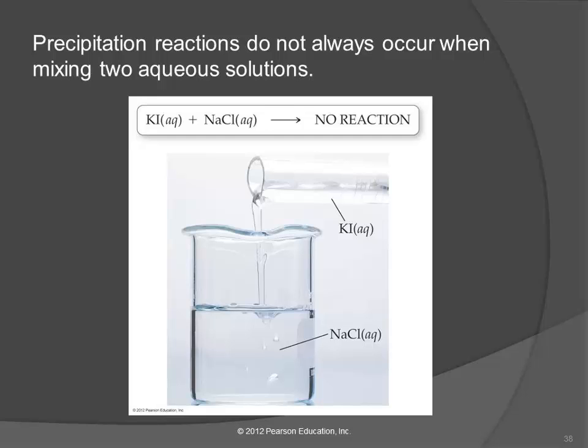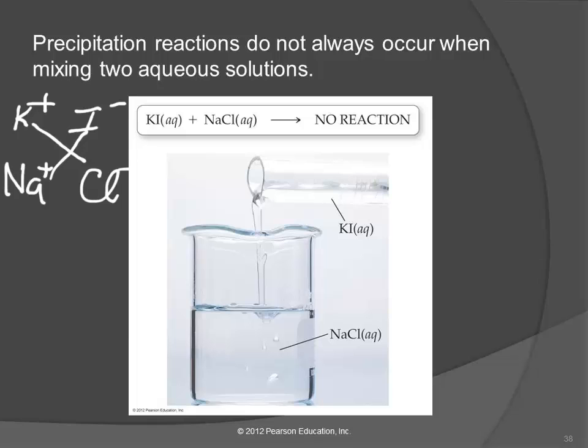So we've got potassium ions, and we've got iodide ions, and we've got sodium ions, and we've got chloride ions. So the potassium came in with the iodide, and the sodium came in with the chloride. If there's going to be some sort of precipitation, they're going to have to switch partners, and we get potassium and chloride together and sodium and iodide together.